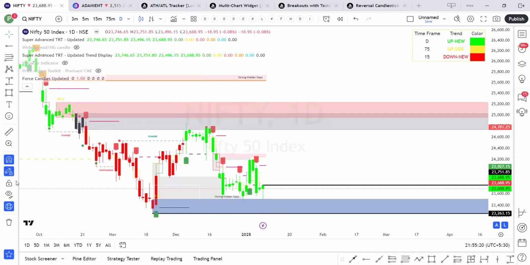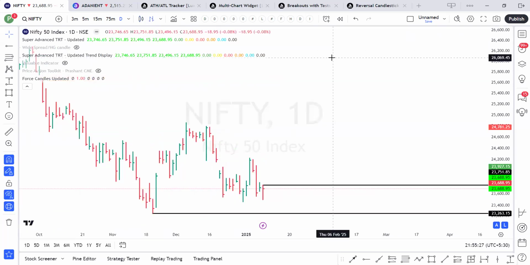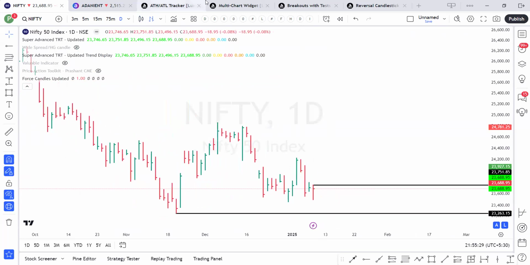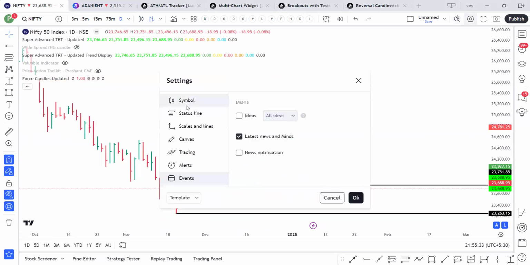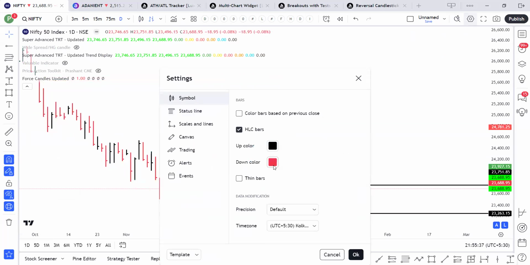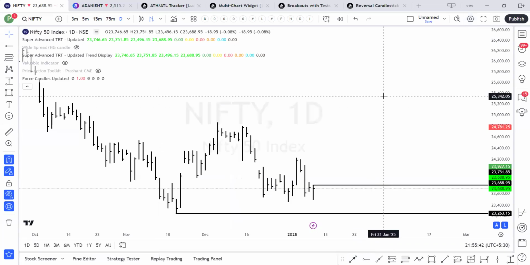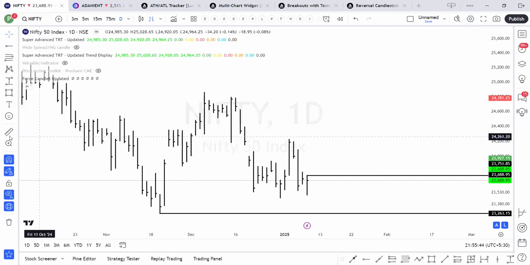Prices went up. Let me hide all the indicators and we'll go to our candles. So those who know my markings, they will be able to identify.